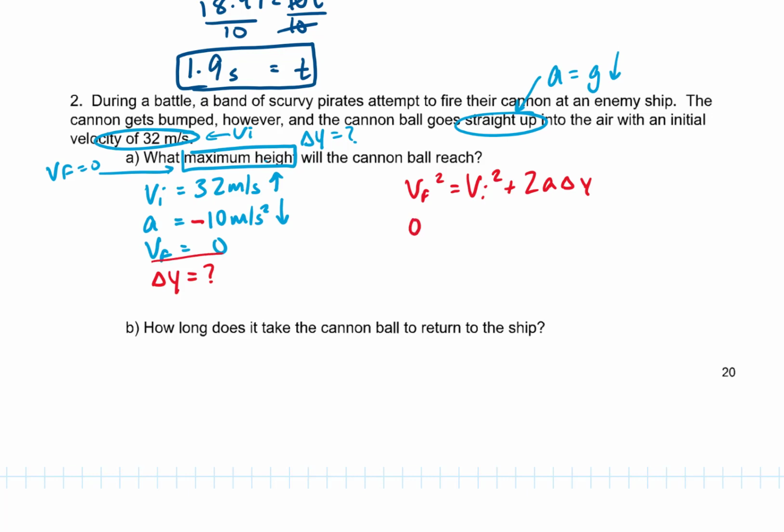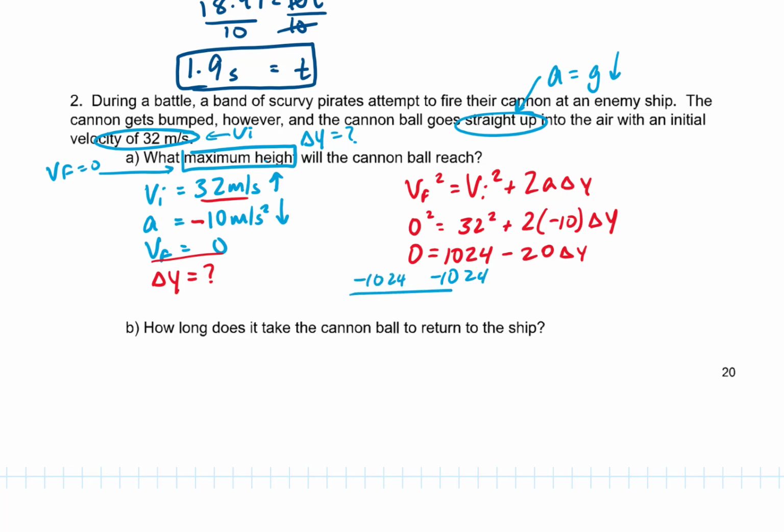V final is 0, so 0 squared is equal to 32 squared plus 2 times negative 10 times delta y. So I get 0 is equal to 1024 minus 20 delta y. We're going to subtract 1024 from both sides. So this goes away, and I get negative 1024 is equal to negative 20 delta y.